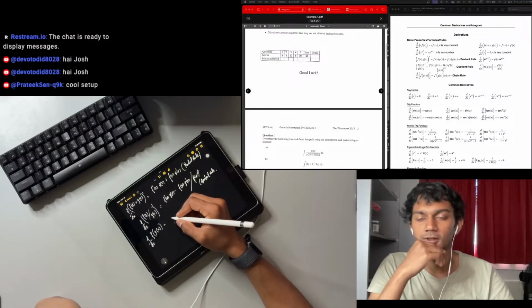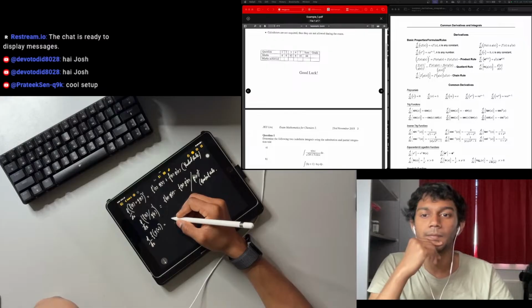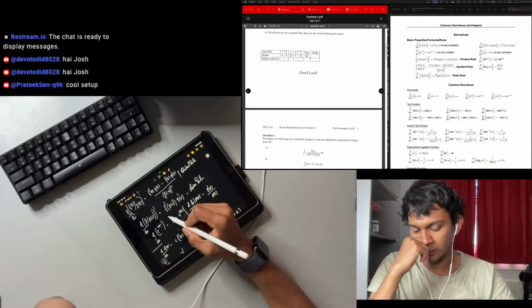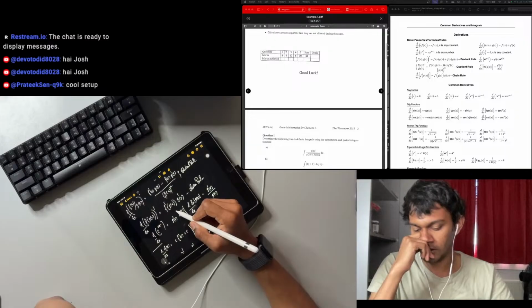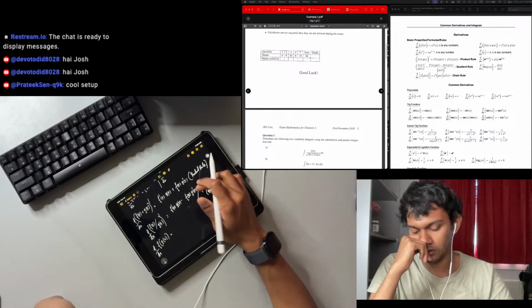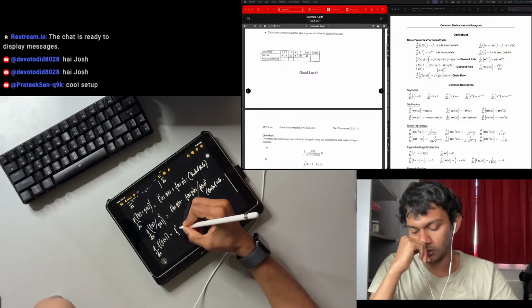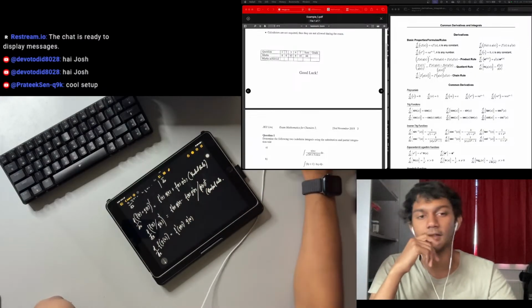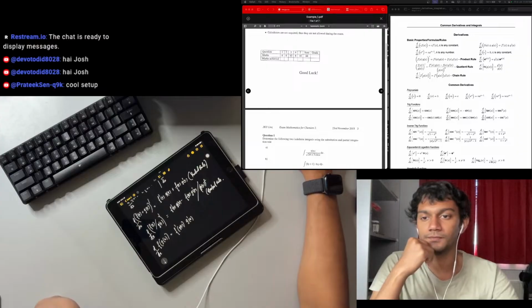I don't want to look at the screen. Okay, so the derivative of f of x and the derivative of the function inside f.